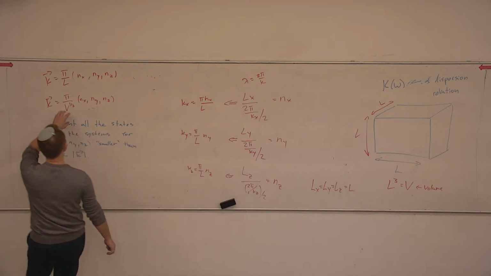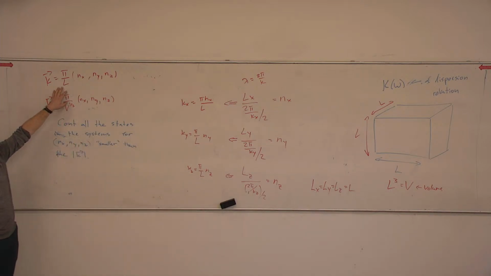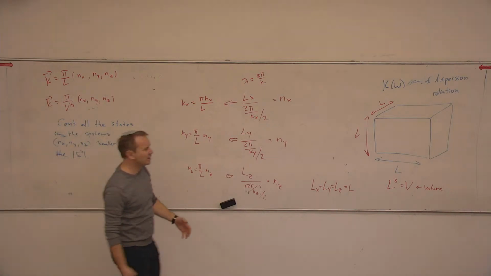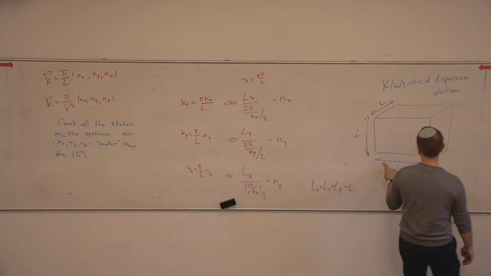The question is why it's important to introduce volume and not just length: because I want to operate with a general volume of the system. That's it.